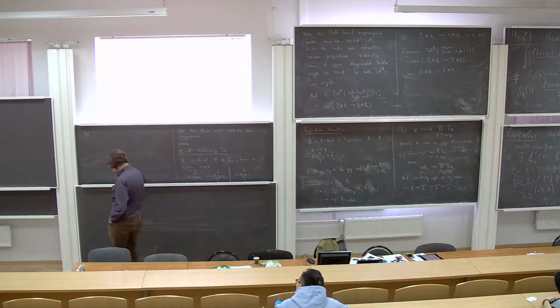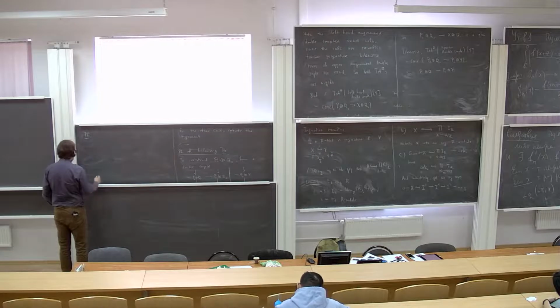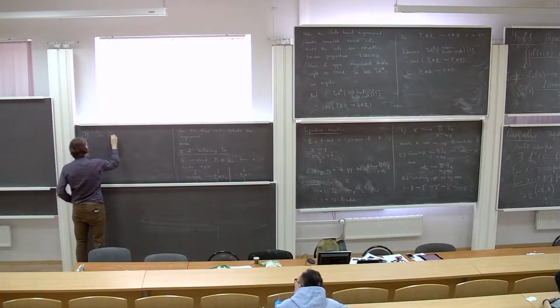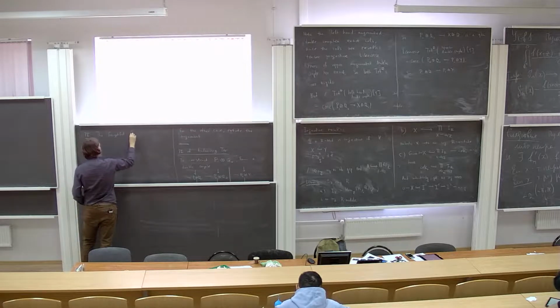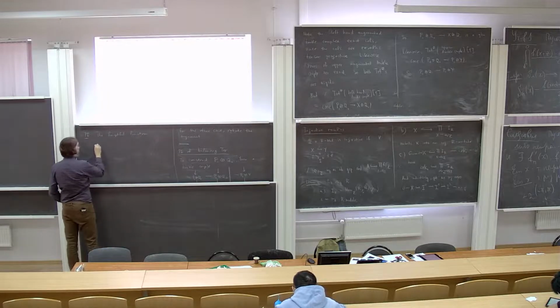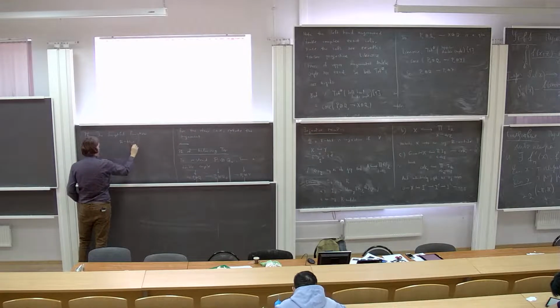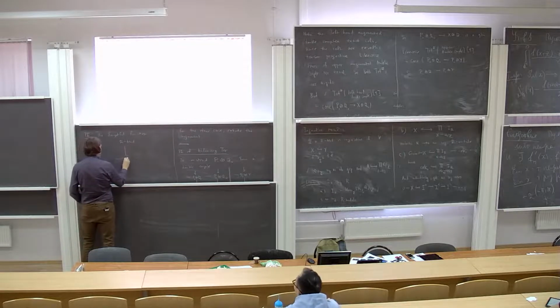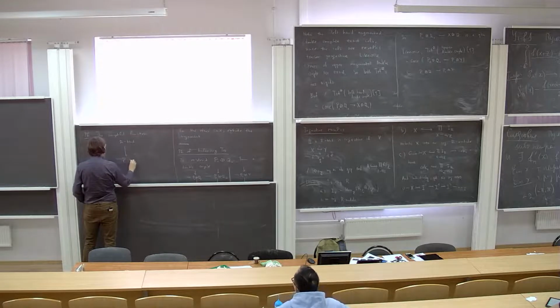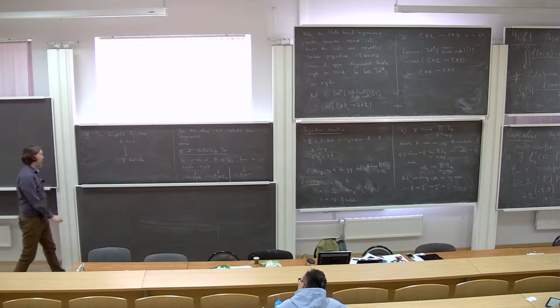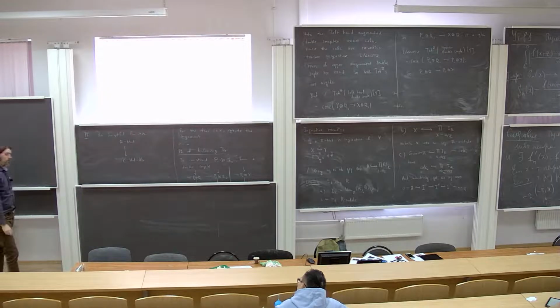Okay, so proof. The forgetful functor from R modules to Z modules, which are the same as abelian groups. Normally, I just think of it as just forget.